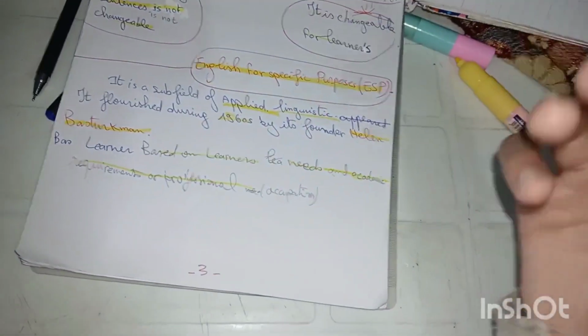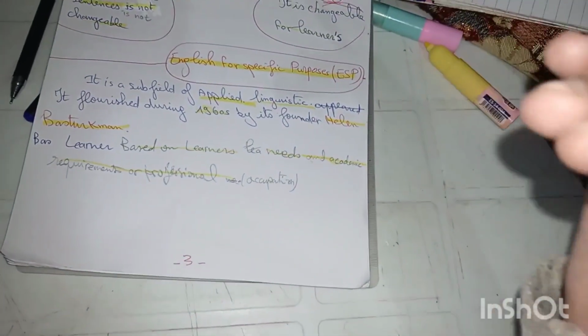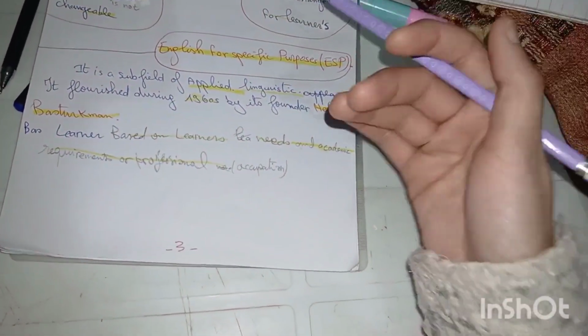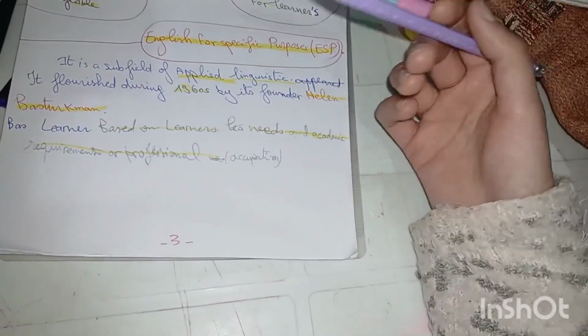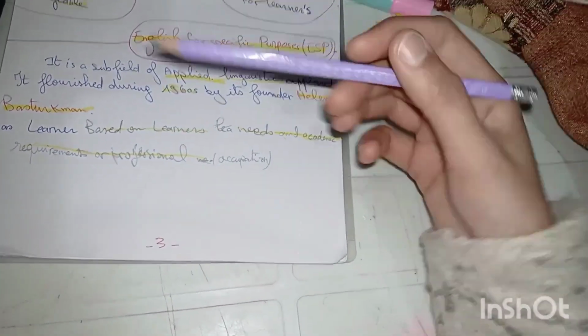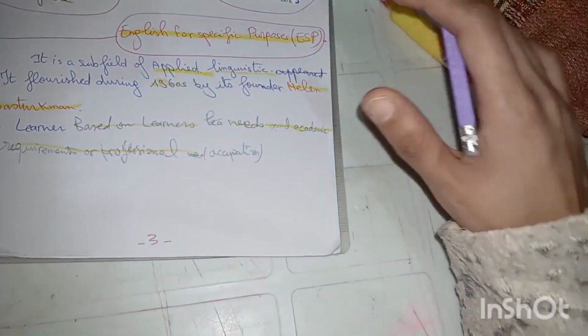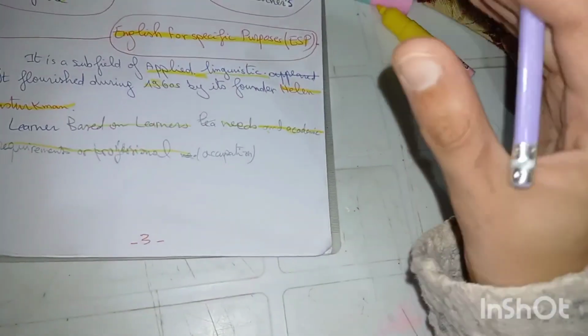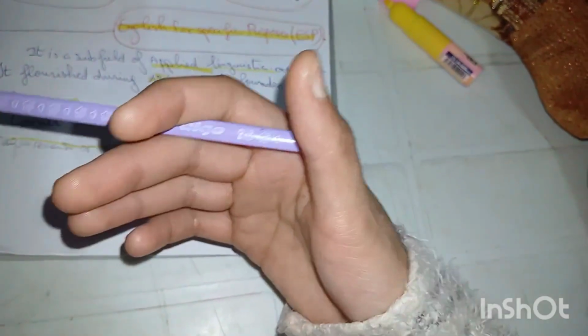We say also English for specific purposes. We always refer to the learners that learn the language in this course by saying they are learners. We never use the word students, because they already know what they are studying.